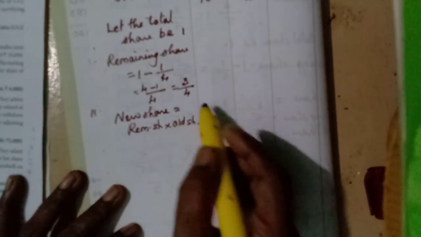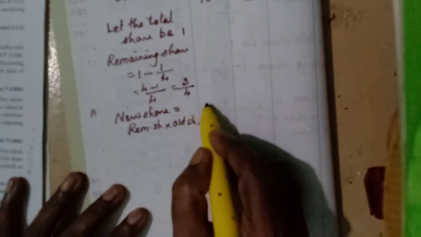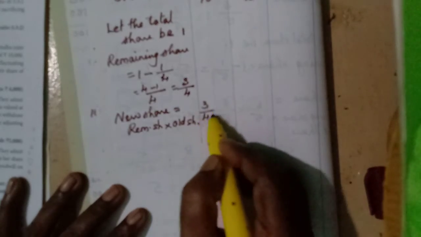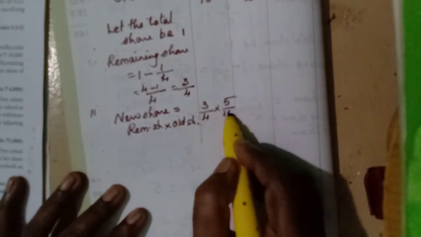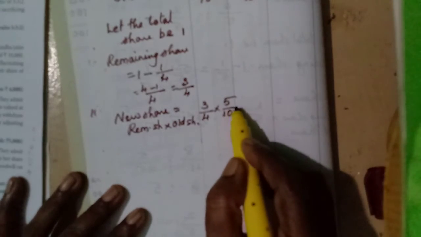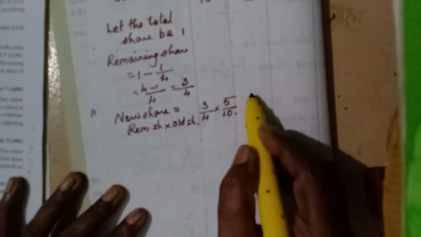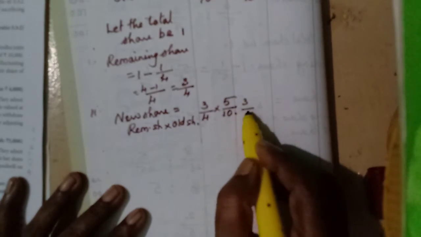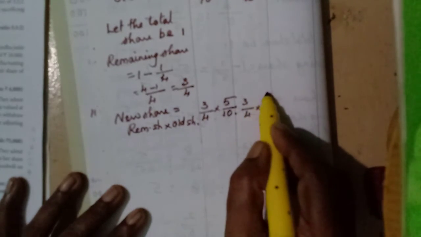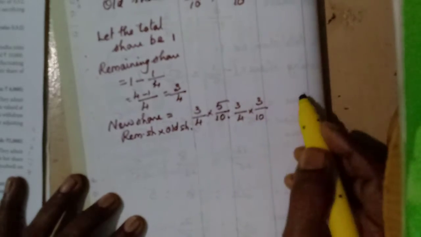Now we need to calculate the new share. New share is equal to remaining share into old share. Remaining share, how much? 3 by 4 into old share 5 by 10. Then for the next partner, remaining share 3 by 4 into his old share 3 by 10.